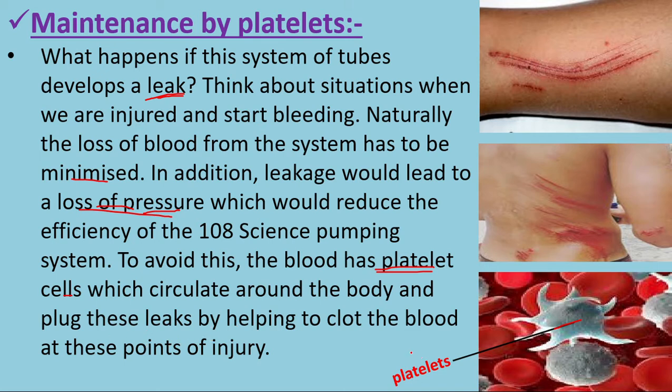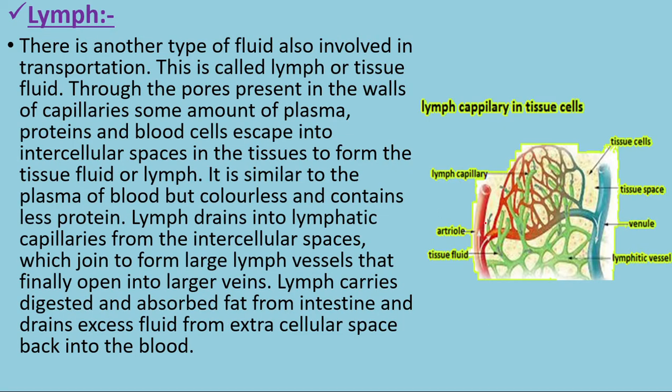Okay, now we have studied the importance of platelets. Now let's study what lymph is. Lymph is similar to plasma, which transports food, nitrogenous waste, etc. But the lymph carries digested food to the cells. There is another type of fluid also involved in transportation. This is called lymph or tissue fluid.